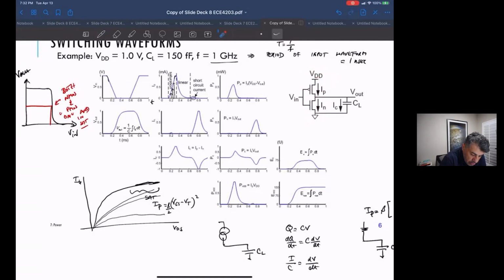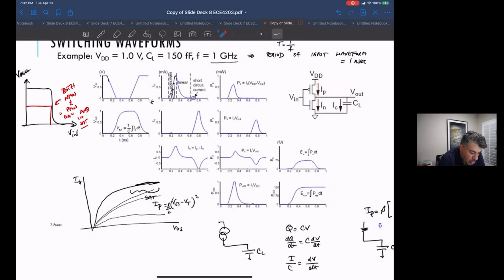That means you're still charging the capacitor, but some of that current's getting wasted. It's going straight from, this is like Kirchhoff's current law. The total current in this node is the current that goes in here, but then there's also a current that's going down here.